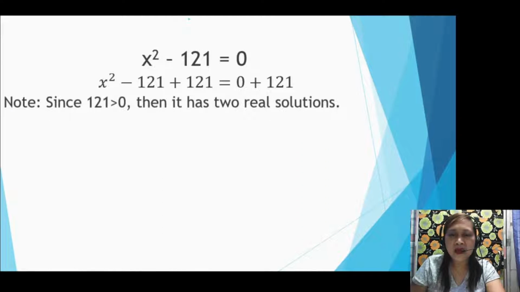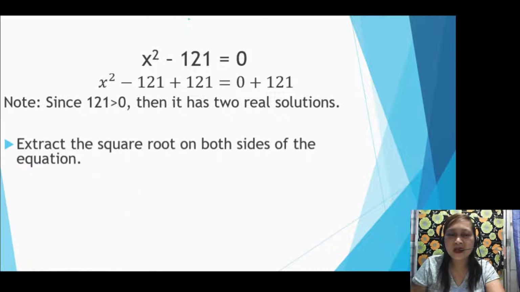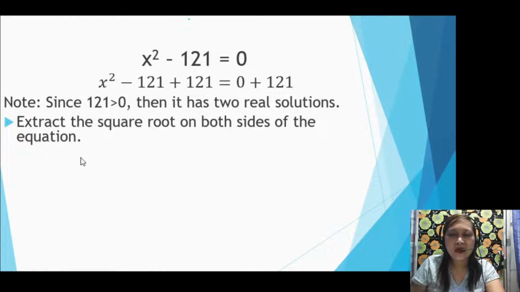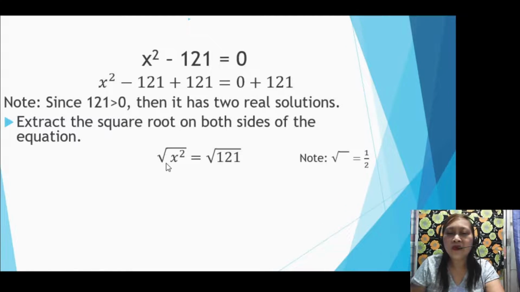What are we going to do next? Please take note, class, that since 121 is greater than 0, then it has two real solutions. Let us proceed by extracting the square root on both sides of the equation. So, we will take the square root of both sides.